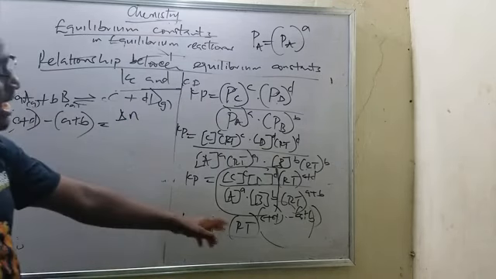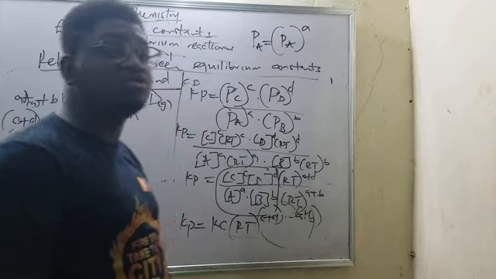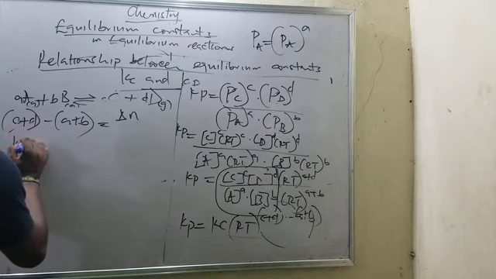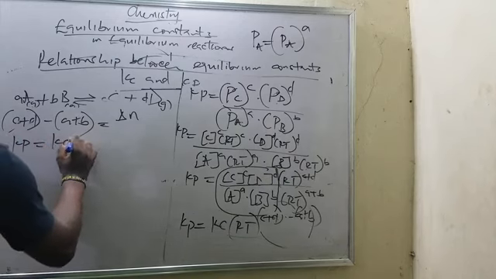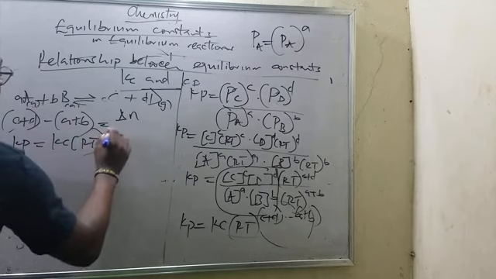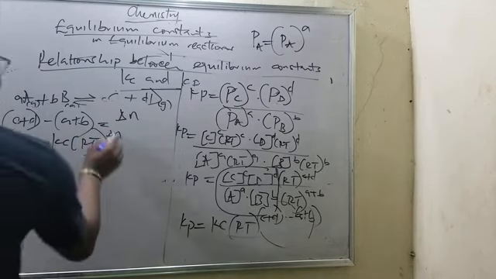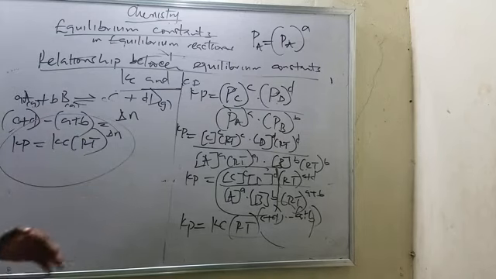Remember, this small a, b, c, d are the number of moles from your balanced chemical equation. So this will be represented as delta N. So I can say, in other words, that my Kp is equals to Kc RT delta N. So this is a relationship, but we may not stop here.